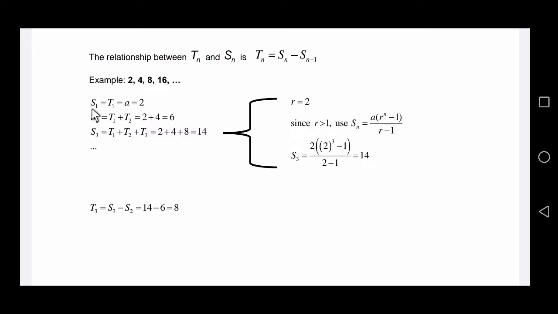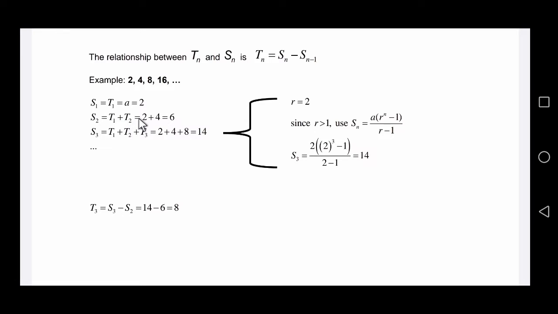So S1 equals the first term, A, equals 2. Next, let's try to find the sum of the first two terms of this sequence, which is T1 plus T2.